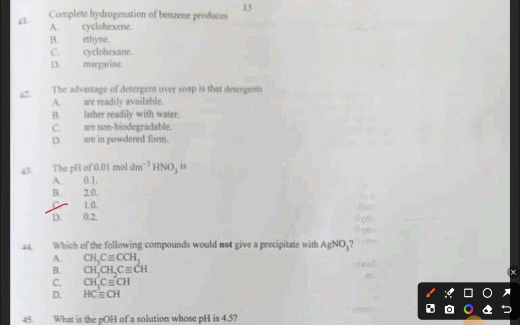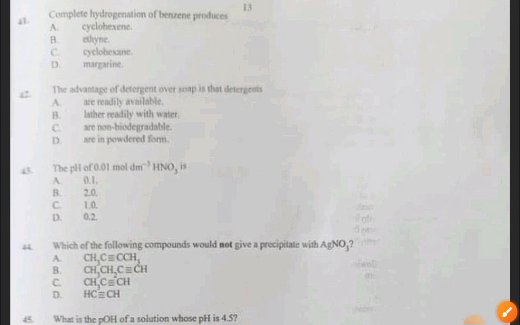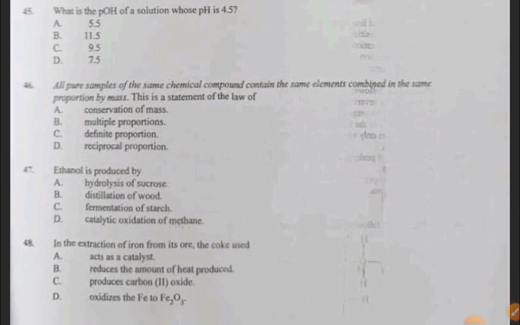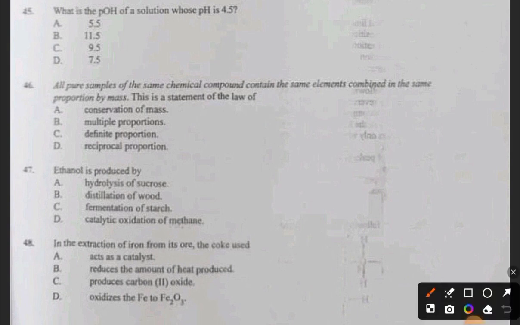Which of the following compounds will not give a precipitate on the addition of silver nitrate? So question 44 is D, because alkynes do not react with silver nitrate to form a precipitate. 45. What's the pH of a solution whose pOH is 4.5? In order to get this, we just subtract from 14. When we subtract from 14, we are getting 9.5. So answer is C.